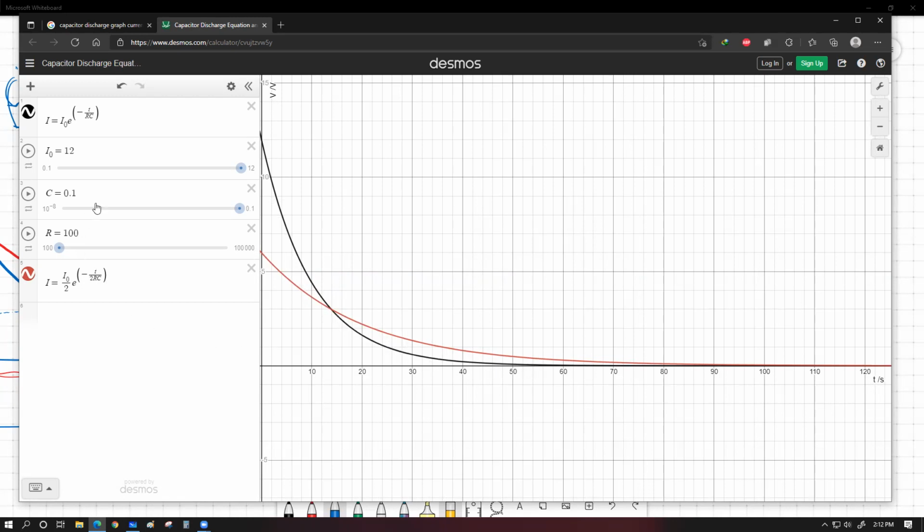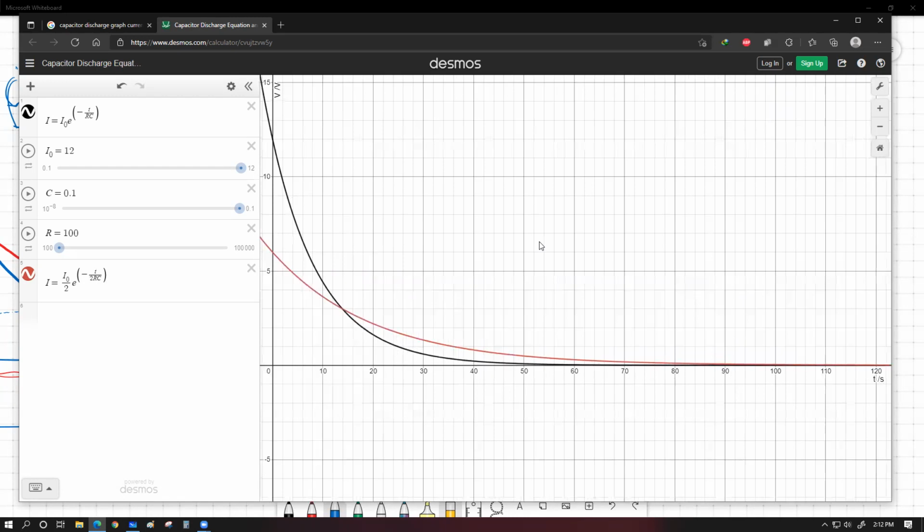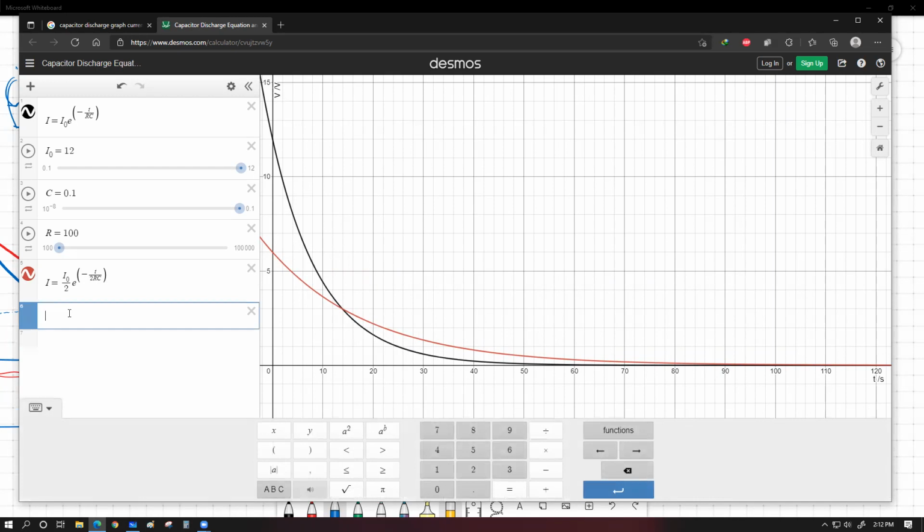Now I can actually locate the value of tau equals RC for different values, let's say 0.2.